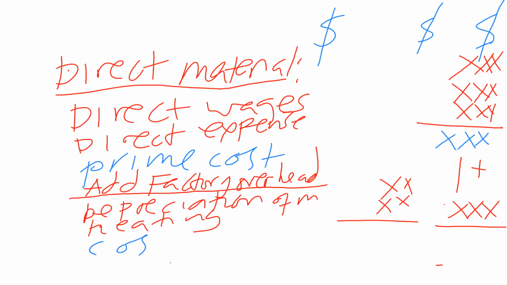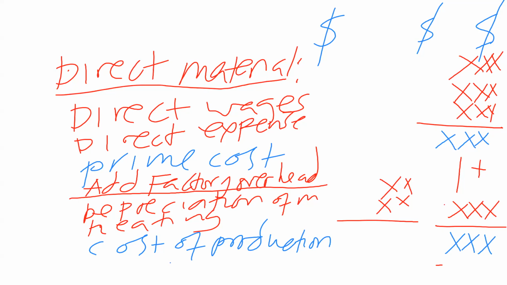The cost of production. Is that clear? The cost of production will be here. That is the cost of production, which you are going to transfer to the profit and loss account in terms of the manufacture of the finished goods.